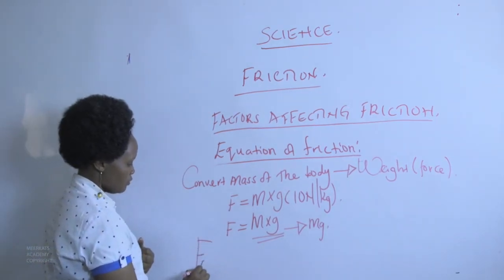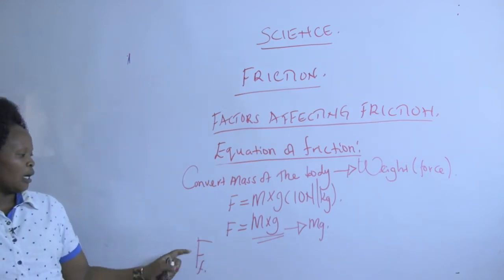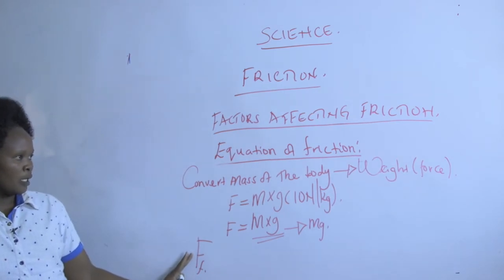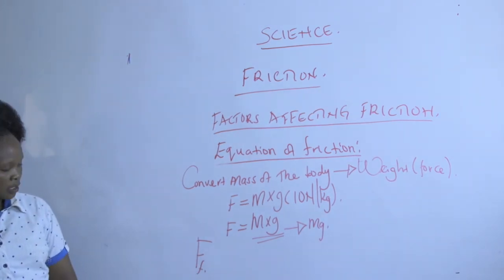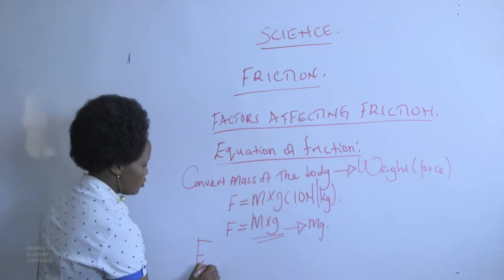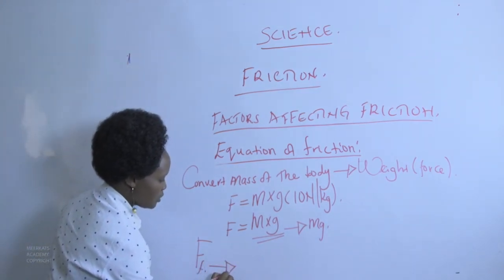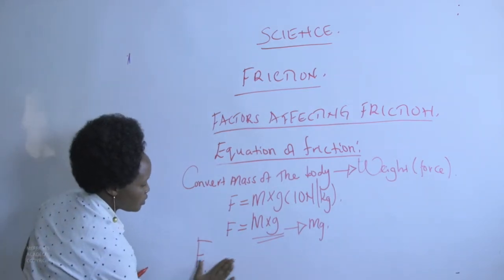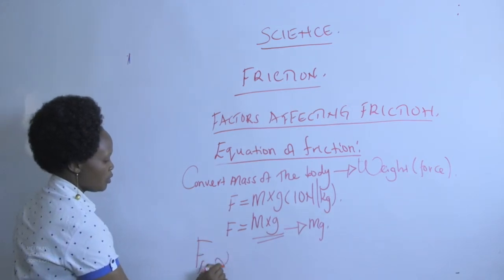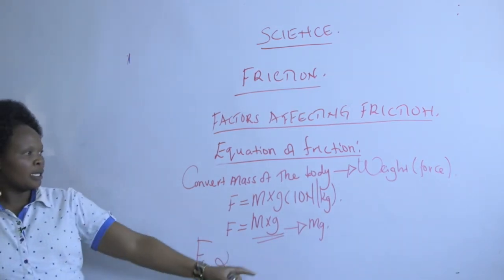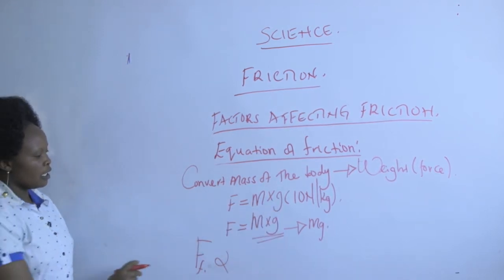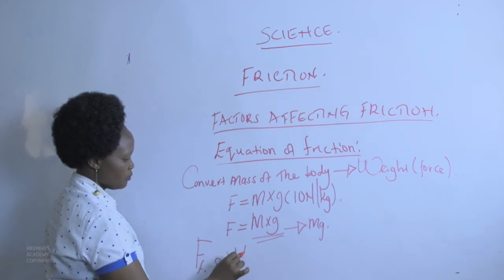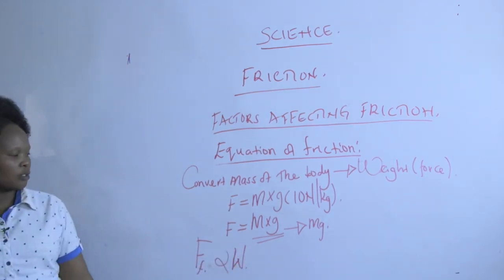Now, friction force, I will symbolize it with a capital F and then with a small f as the subscript, and then I will use the proportionality sign and say it is directly proportional to the weight of that particular body.